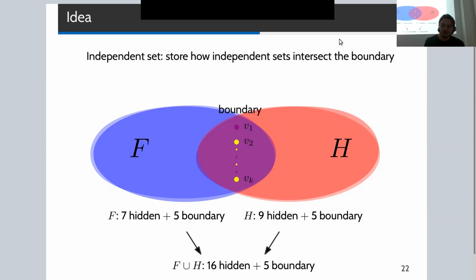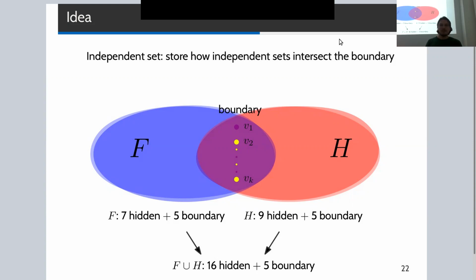Let's say you have chosen these vertices in the boundary, the ones that are highlighted yellow. Then for the graph f, you would store, well, maybe I have the 5 highlighted vertices of the boundary, and additionally I have maybe 7 vertices that are hidden somewhere, and that is the size of the largest independent set in f. And additionally in h, you would again store, okay, I have these 5 in the boundary and maybe 9 hidden vertices somewhere, and that is the largest independent set that contains exactly these vertices from the boundary.